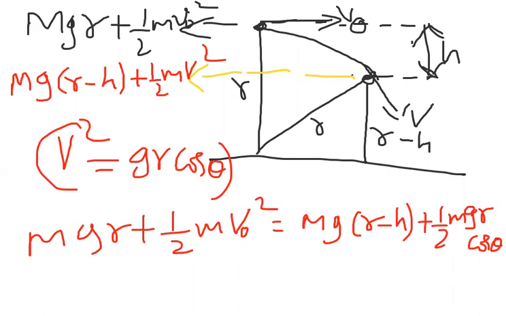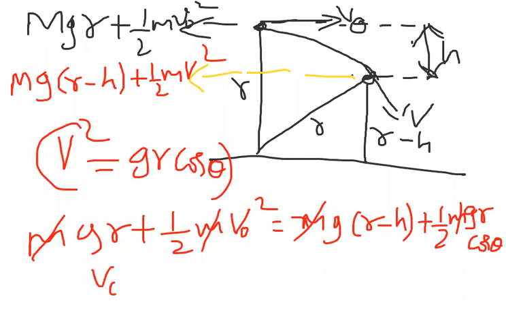So what is my final expression? Can anybody help me in writing the next expression here? Yes. So here, mgr cancels. Everywhere I can cancel first of all the mass m, and mgr, gr also cancel.